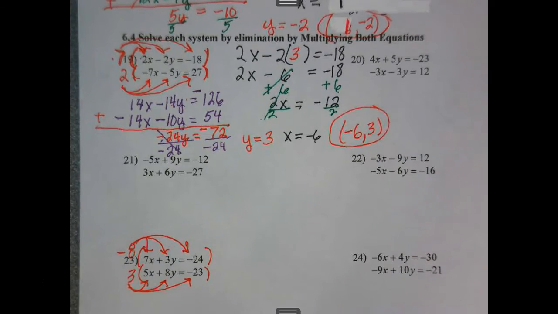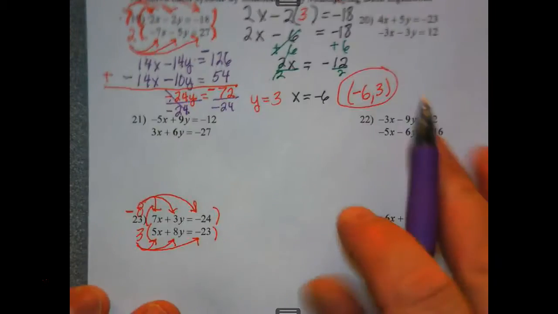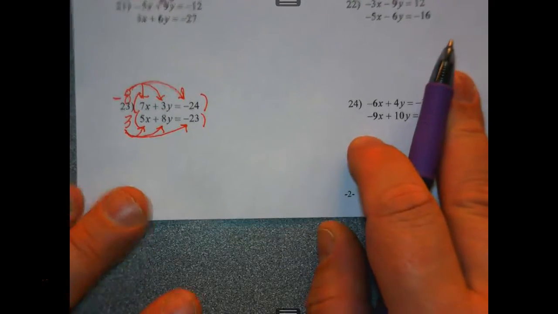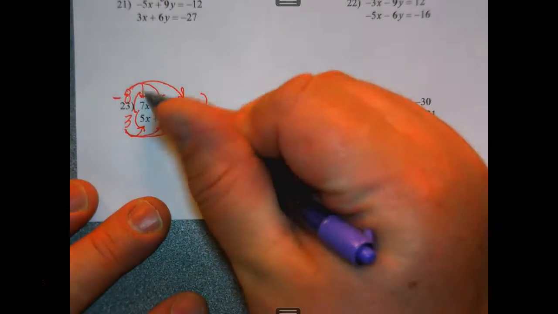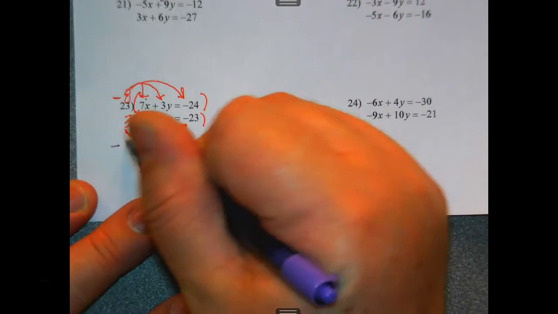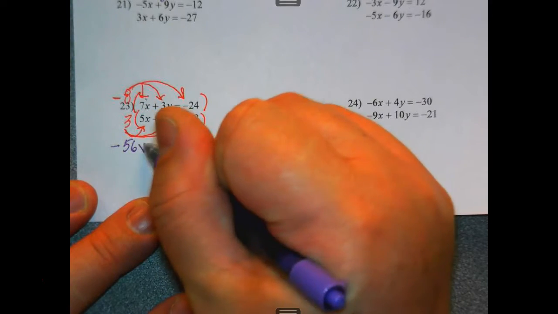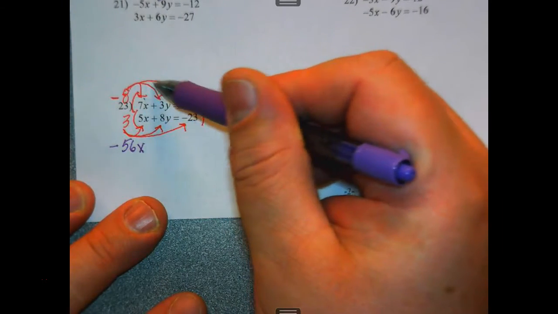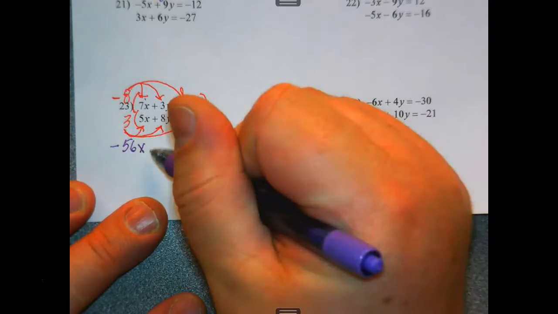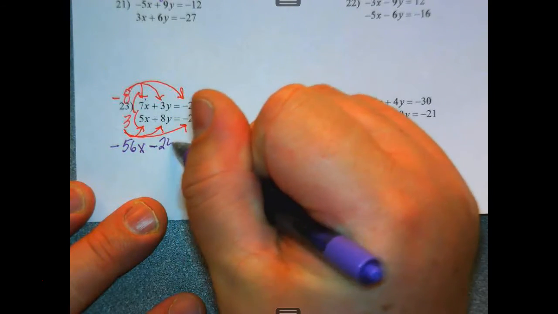All right, top equation. Negative 8 times 7x, negative 56x. Negative 8 times 3y, negative 24y.